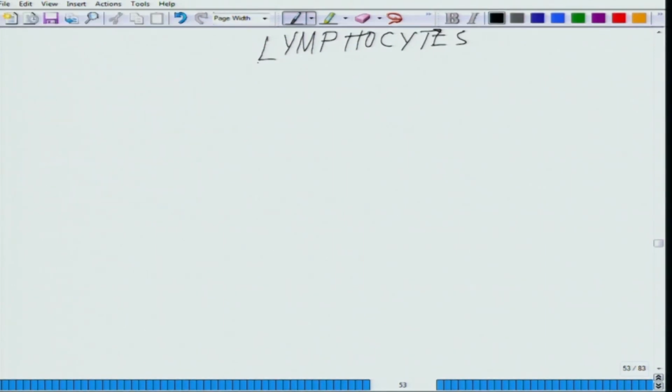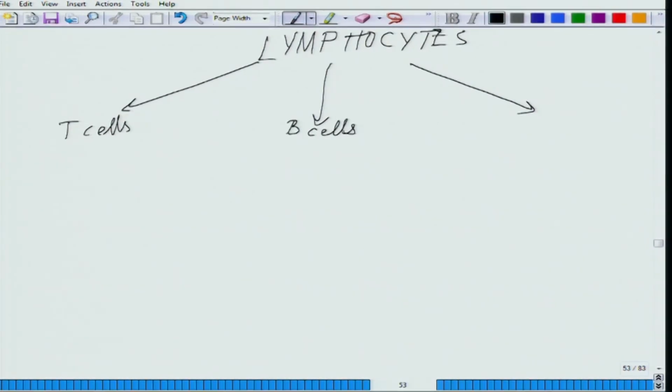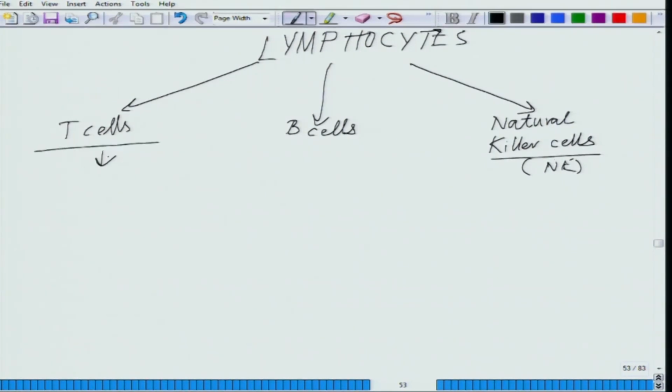Lymphocytes are classified into T cells, B cells, and natural killer cells, or NK cells in short. The T cells are responsible for cell mediated immunity.